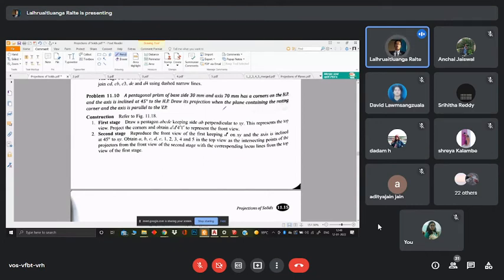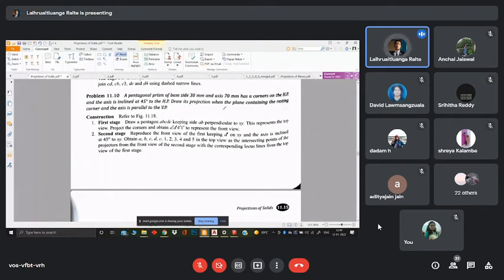Axis is parallel to the VP, and the plane containing the resting corner is parallel to the VP. I want you to visualize it first before I show it. How would you start?